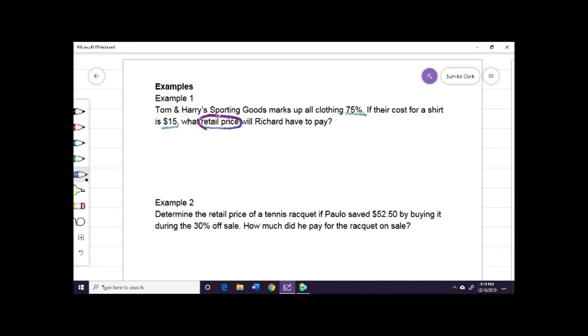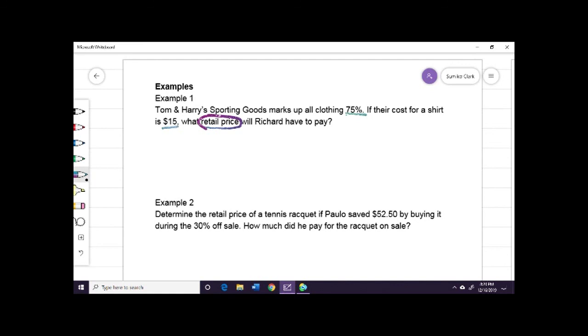And so from our list of formulas that you have on the first few pages of these notes, we know that cost plus markup equals retail price, and that markup equals markup rate times cost.